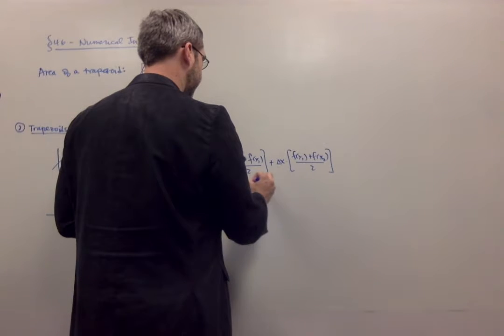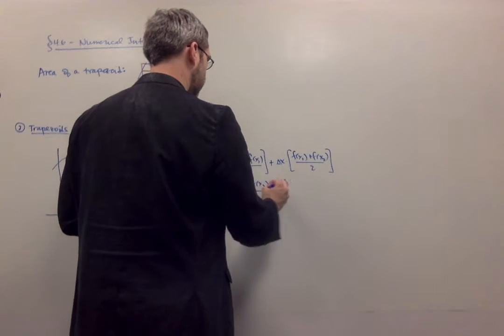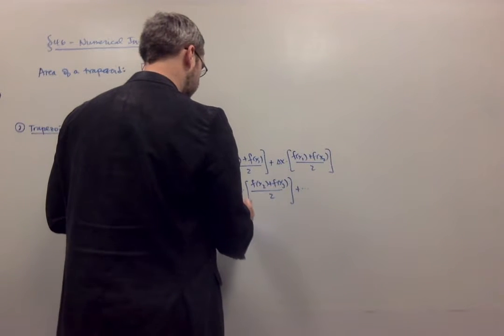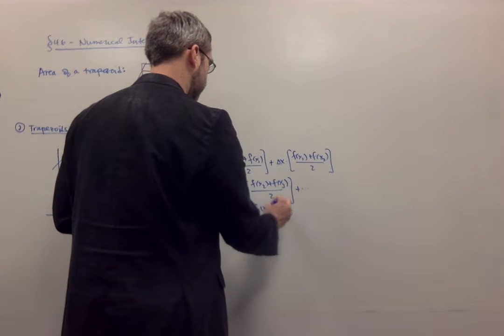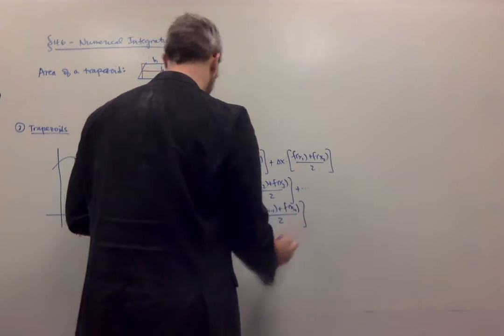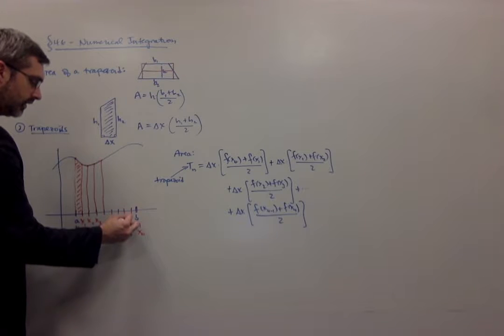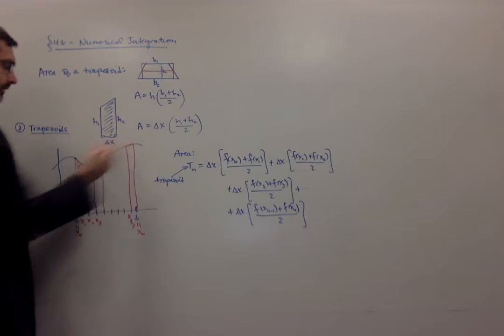I'm going to have f of x2 plus f of x3 all over 2. And then the final one is going to be f of x sub n minus 1 plus f of x sub n over 2. That's that last interval there, x sub n minus 1 and x sub n. Okay?